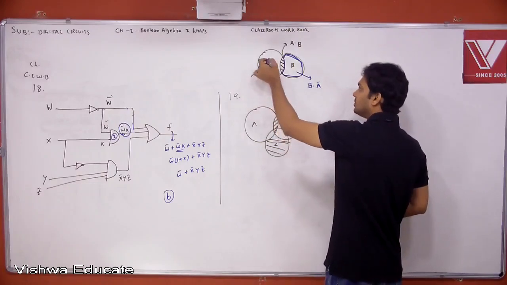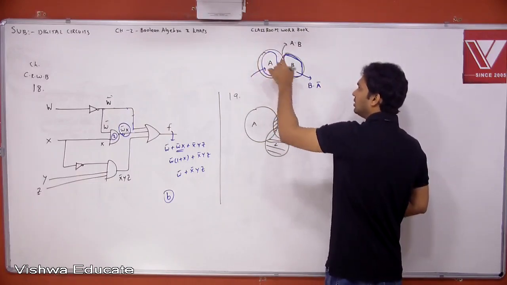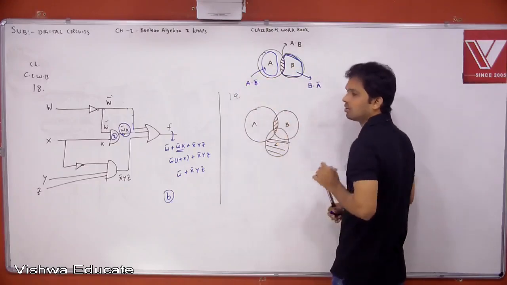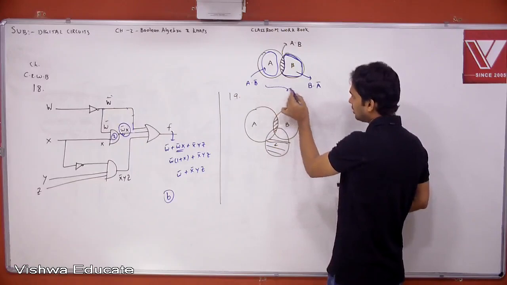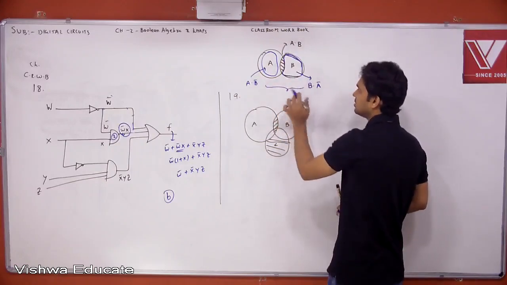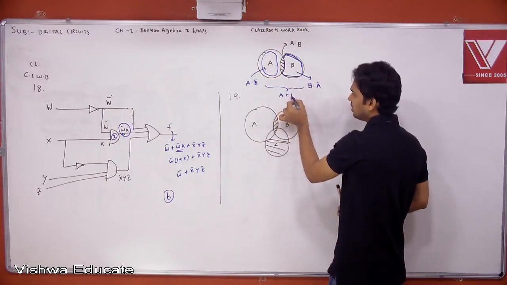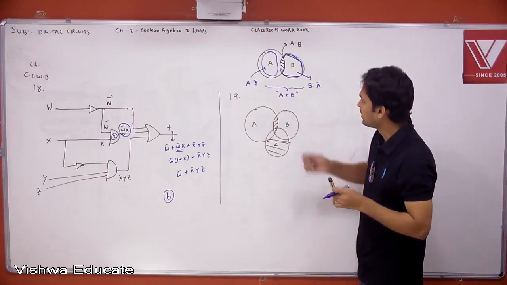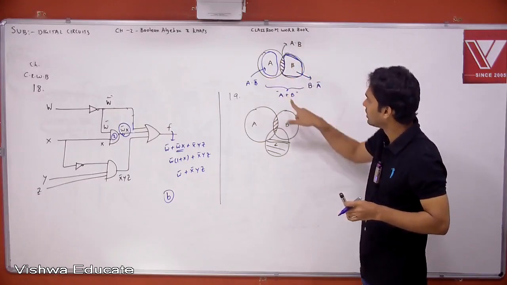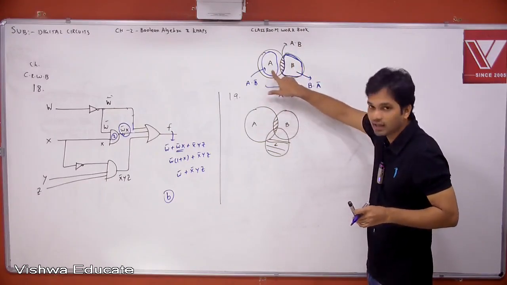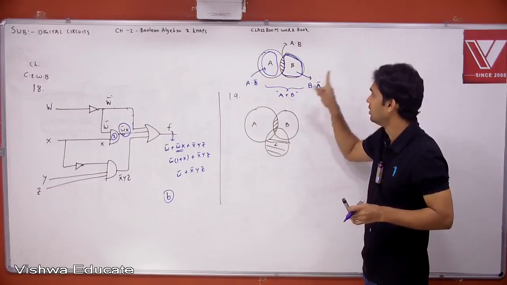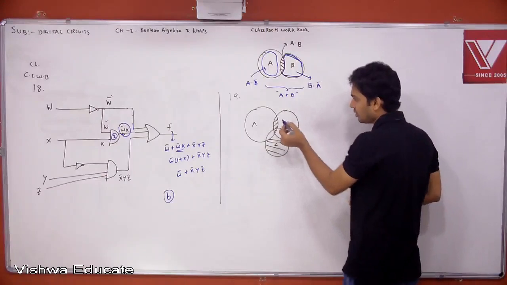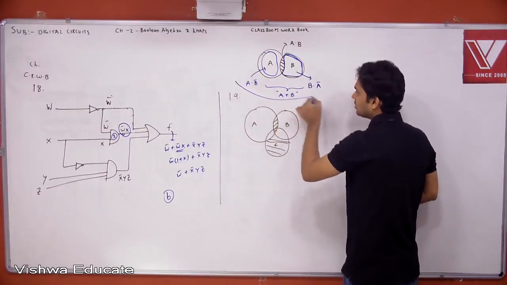Similarly, this white area which is in A only but not in B is A into B bar, A but not B. Total is this plus this, called A union B or A plus B, A or B. So common area is both A and B. Total area is A plus B. Only in A but not the remaining B, B but not remaining A. This is just for your understanding purpose.